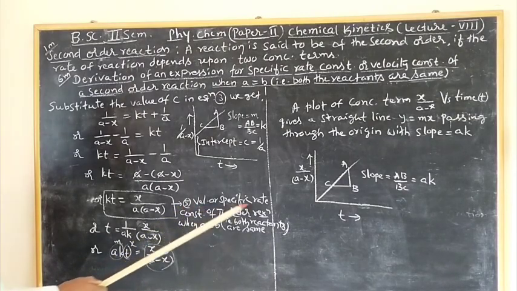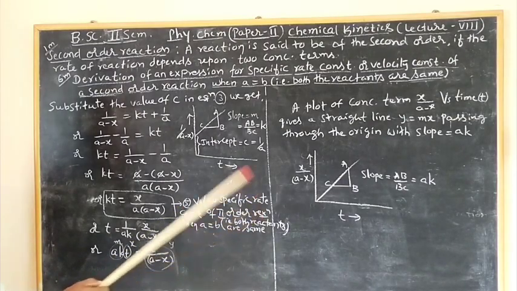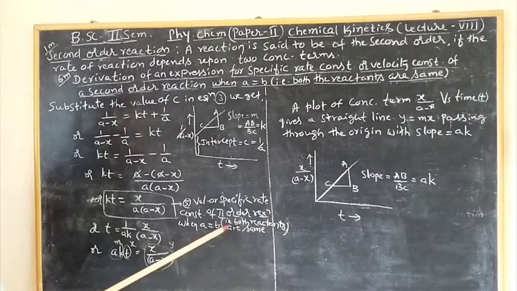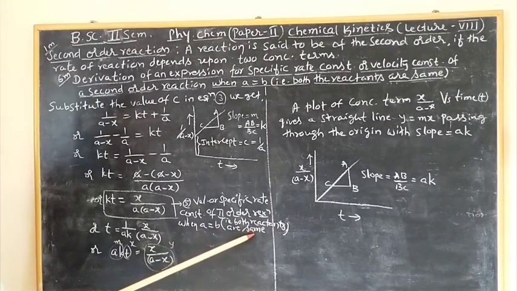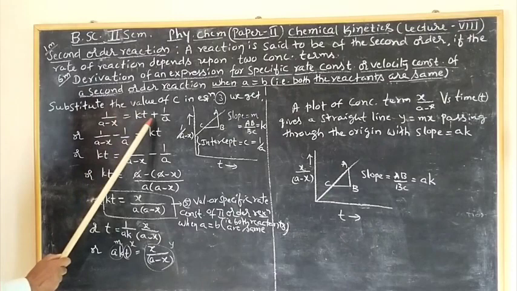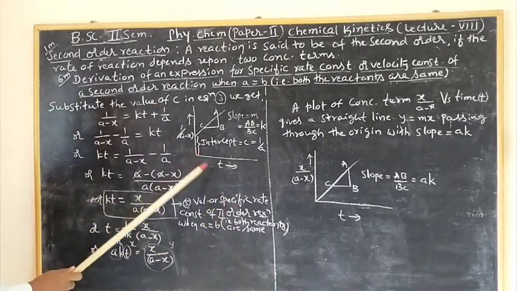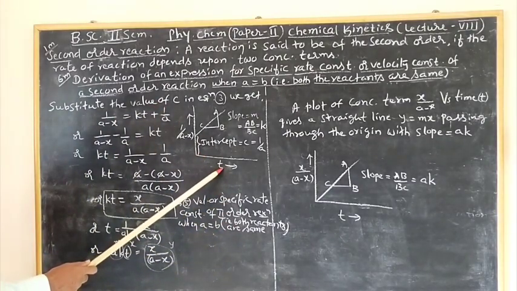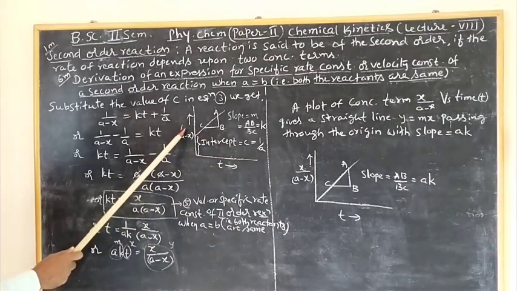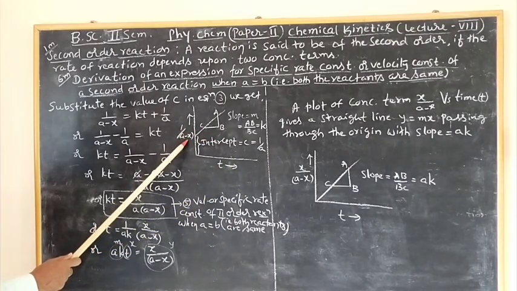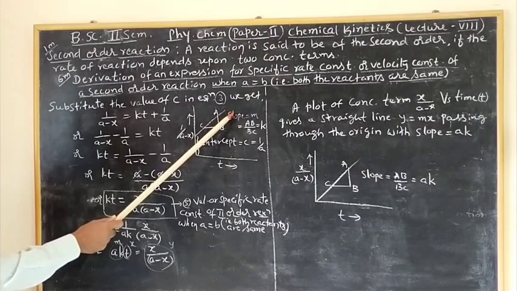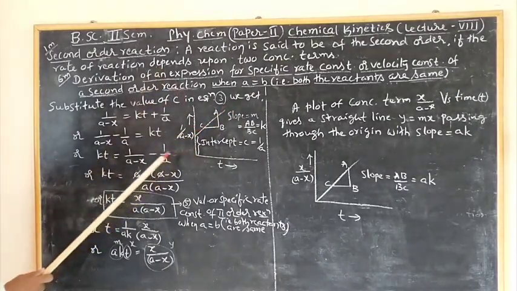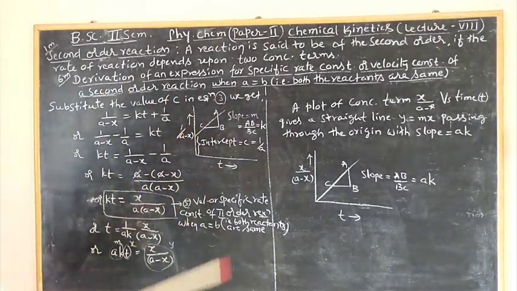So this is the velocity or specific rate constant of a second order reaction when A is equal to B, that is, both reactants are the same. Now, if you plot the graph of time t on the x-axis versus 1/(A−X) along the y-axis, we get a straight line in this way.